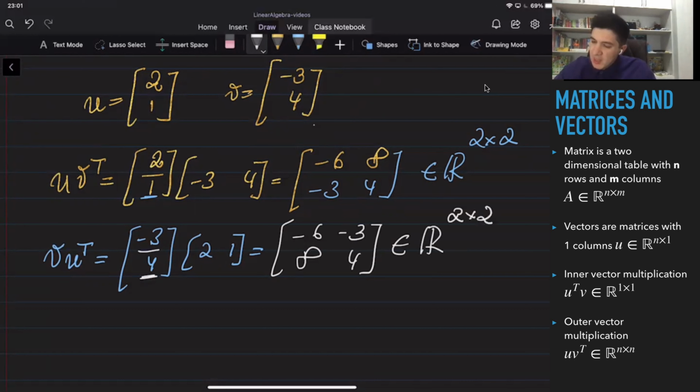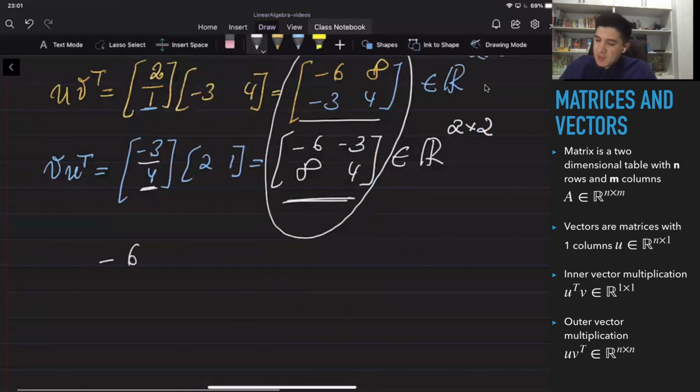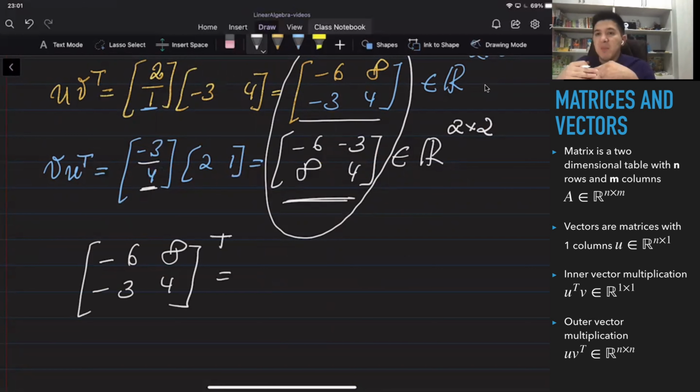So could you please tell me what the similarity is, and is it possible to get the first one from the second? Yes, if you just transpose them, right? So this is going to be minus 6, 8, minus 3 and 4. If you remember, transposition means we just rewrite the rows as the columns, or the columns as the rows.